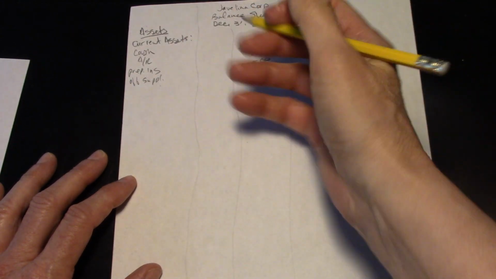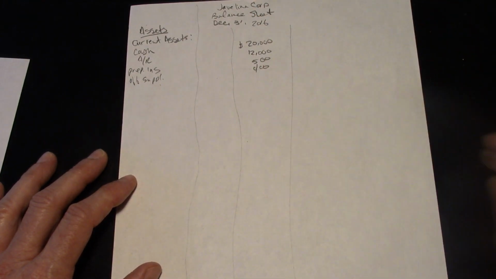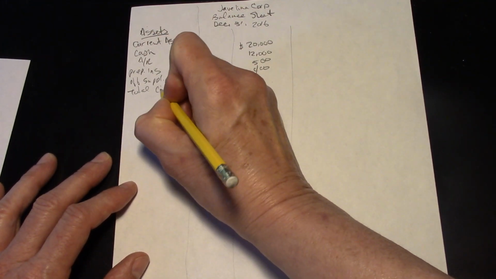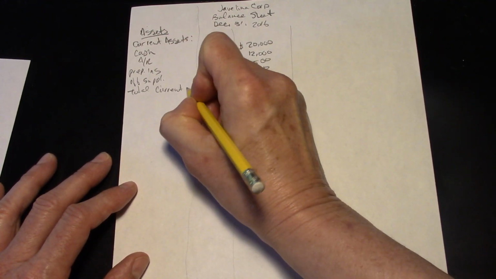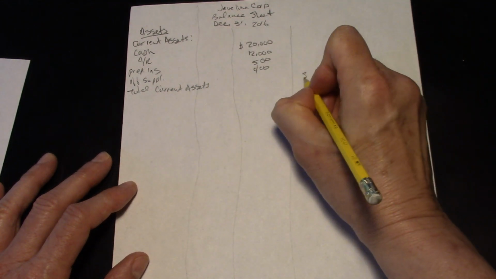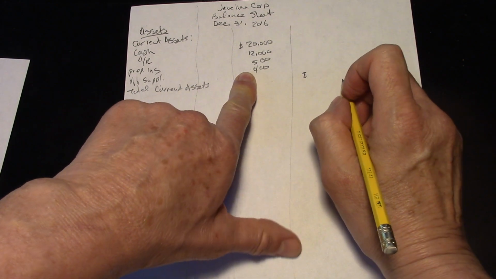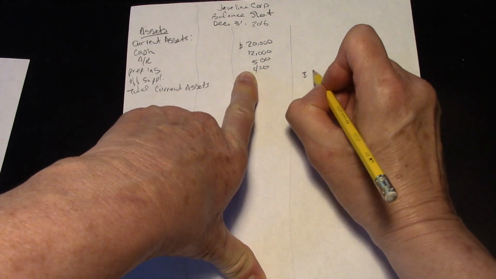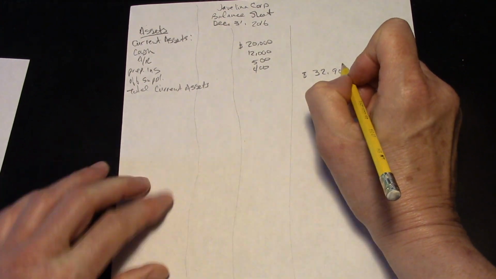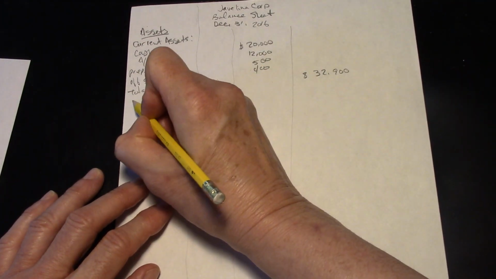And now we need our total current assets. I'm just going to write it out here. You add these up, and they add up to $32,900.